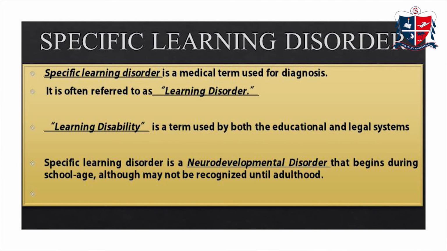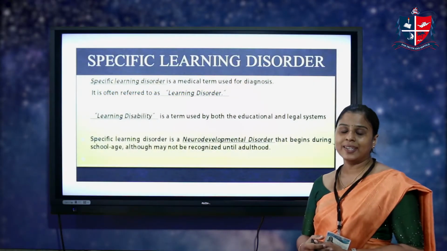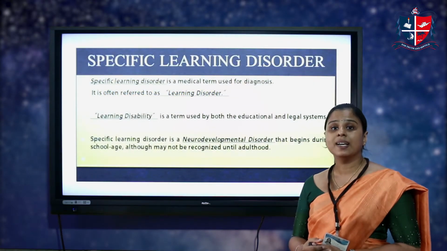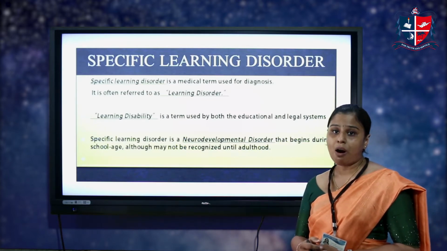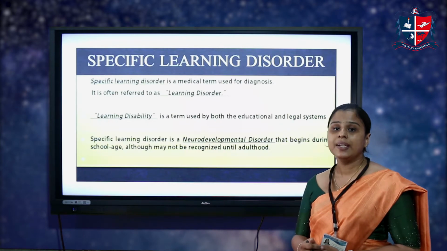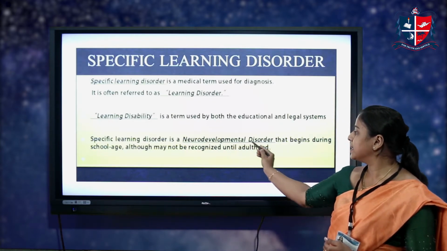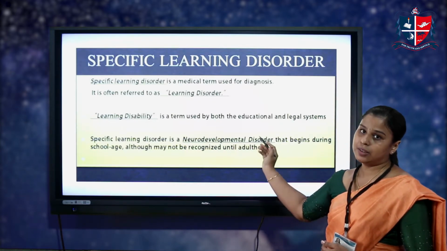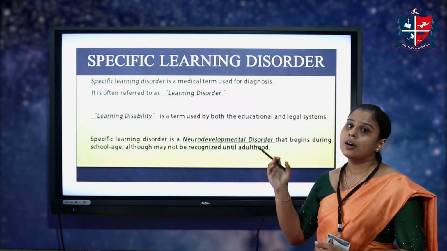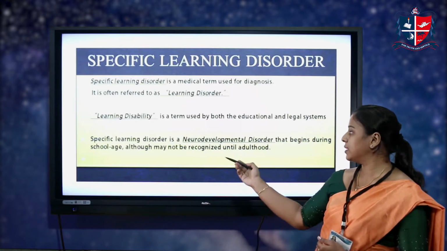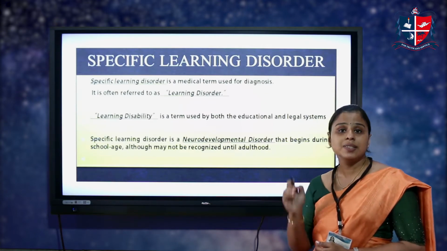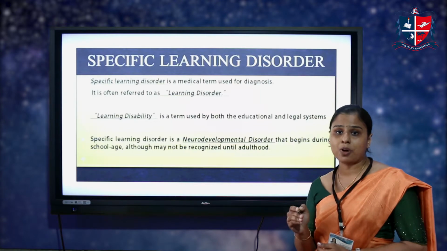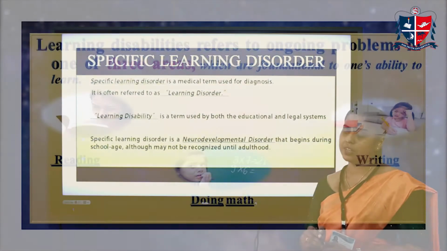We commonly call it a learning disability or learning disorder. It is a neurodevelopmental disorder, not usually a physical or mental one. We also consider it a scholastic problem, that is, it is found among school children.